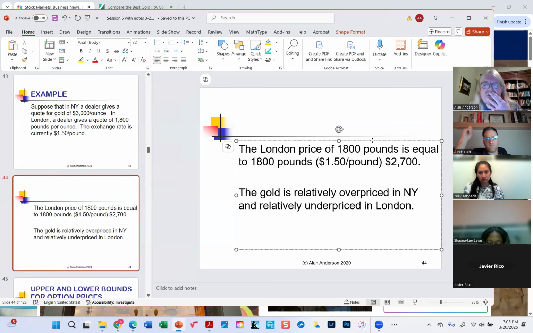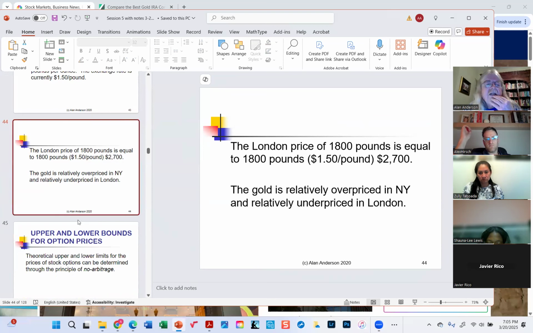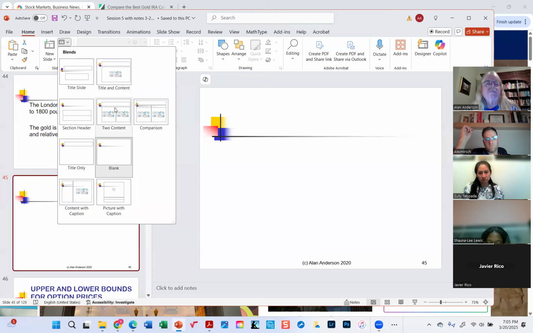Okay, so in other words, you can see, well, wait a minute, I should be paying the same amount in both countries, shouldn't I? Yes, of course. So here's what's going to happen. A smart trader will do the following.